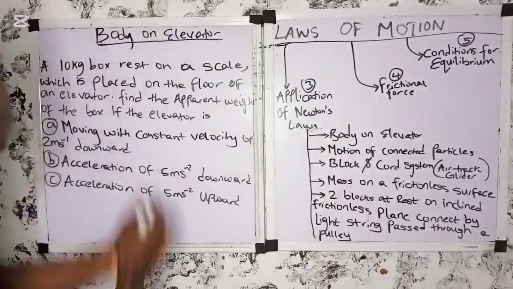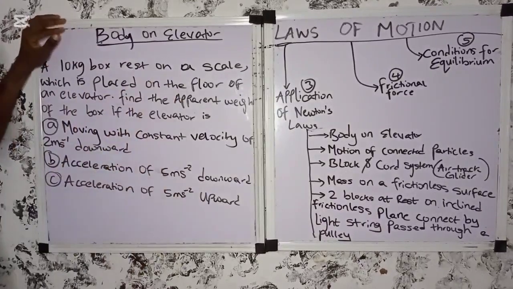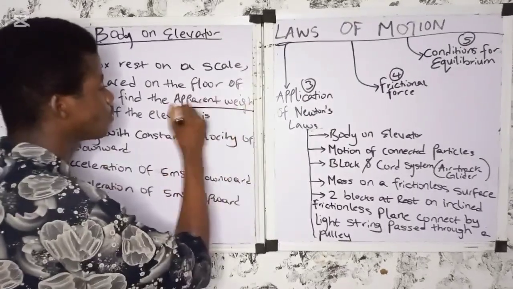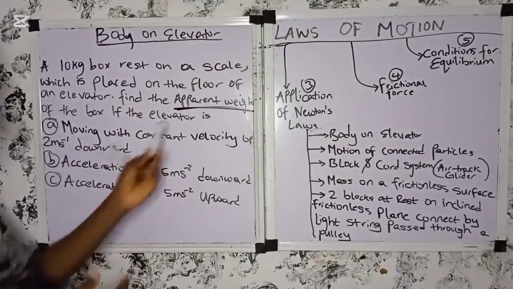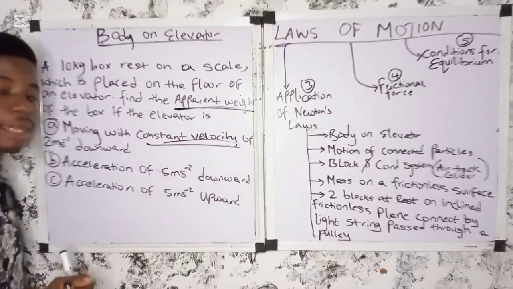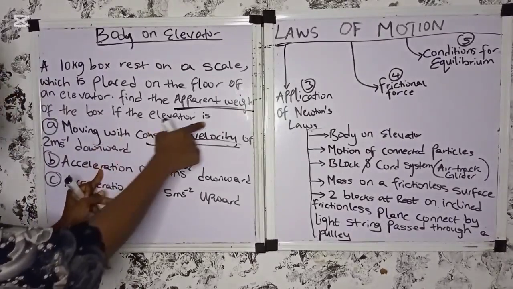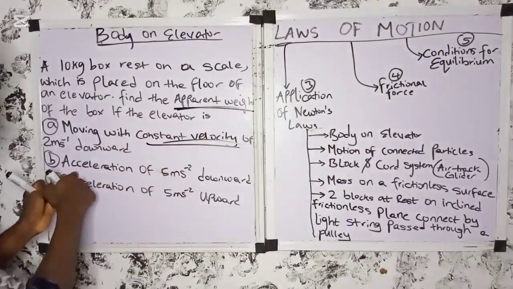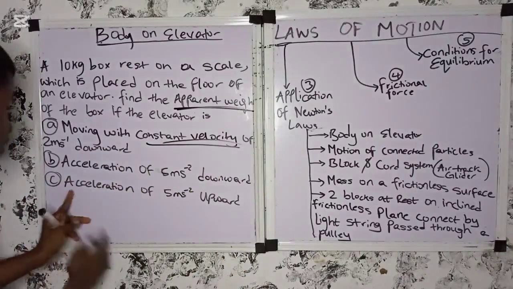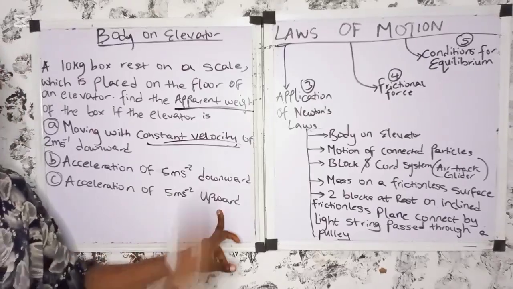All right, so let's solve this question. A 10 kg box rests on a scale which is placed on the floor of an elevator. Find the apparent weight of the box if the elevator is A, moving with a constant velocity of 2 meters per second downwards, B, moving with an acceleration of 5 meters per second squared downwards, then C, moving with an acceleration of 5 meters per second squared upward.